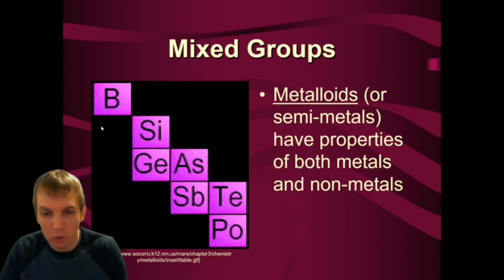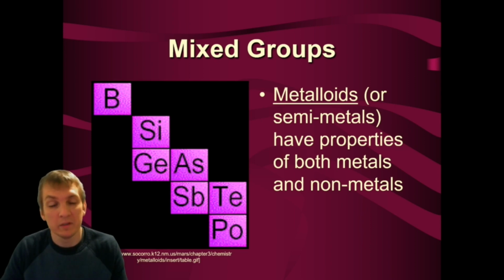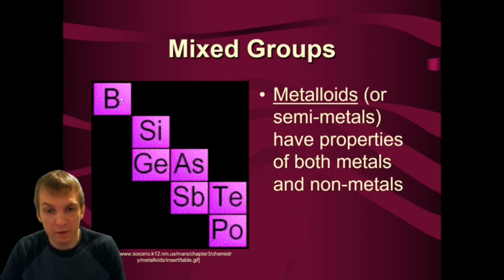That element is aluminum, but aluminum is not a metalloid. Aluminum is indeed a metal, so aluminum does not follow the same pattern of the metalloids. So just keep that in mind, I guess. That'll be helpful for when we do a lab later, that this element right here is not a metalloid.